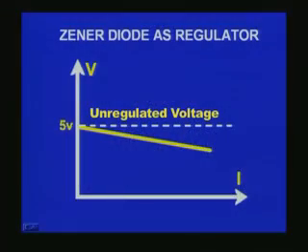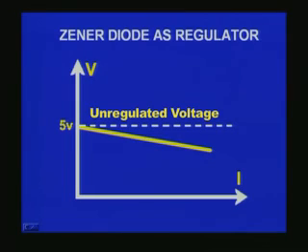If the current increases, you would find in an actual situation the 5 volts will not remain 5 volts constantly. What you expect from a power supply is that the voltage should remain constant irrespective of the value of the current that I draw from the voltage source. But in reality you would find that as I increase the value of the current, the voltage will keep falling. That is what is shown in this graph here.